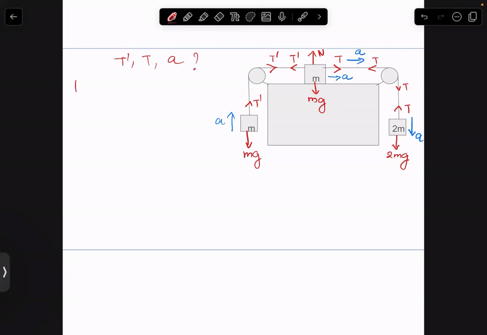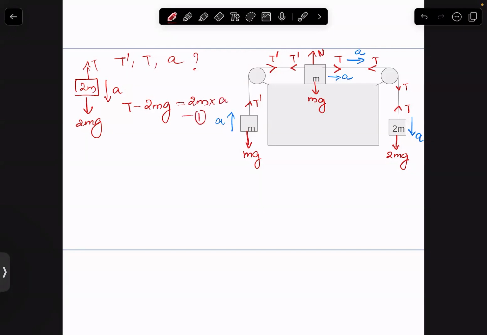We'll start with this block 2m over here. 2m has 2mg acting downwards, T acting upwards, and this whole system is accelerating downwards with acceleration A. So you will be writing net force equals mass times acceleration. Net force is T minus 2mg equal to 2m times A.